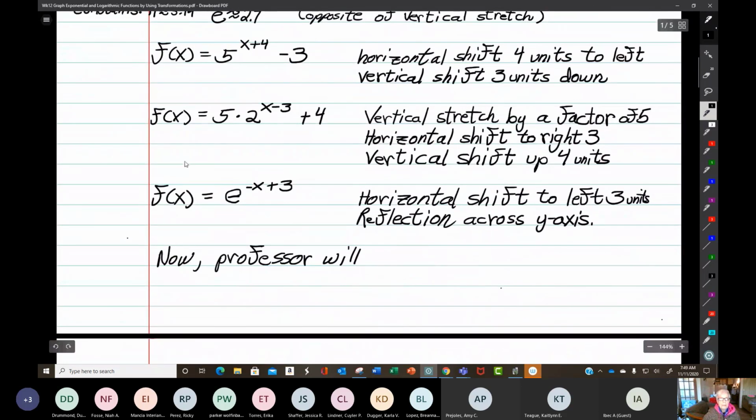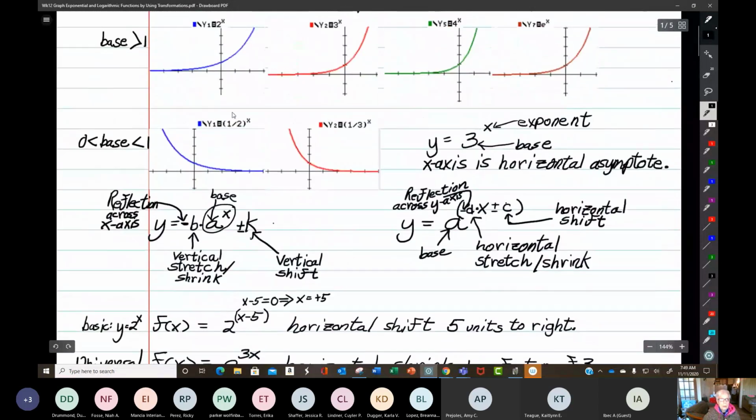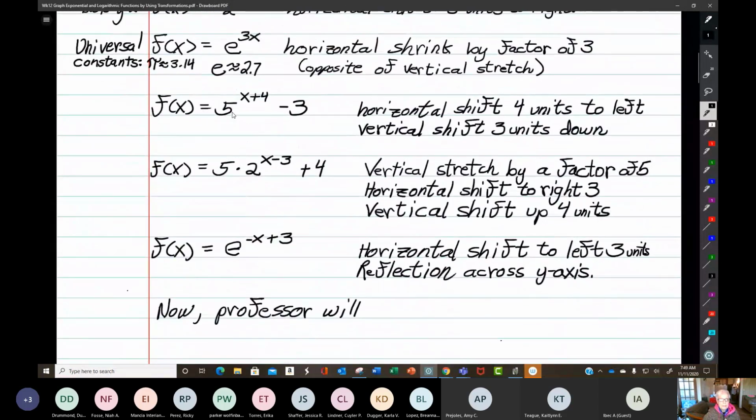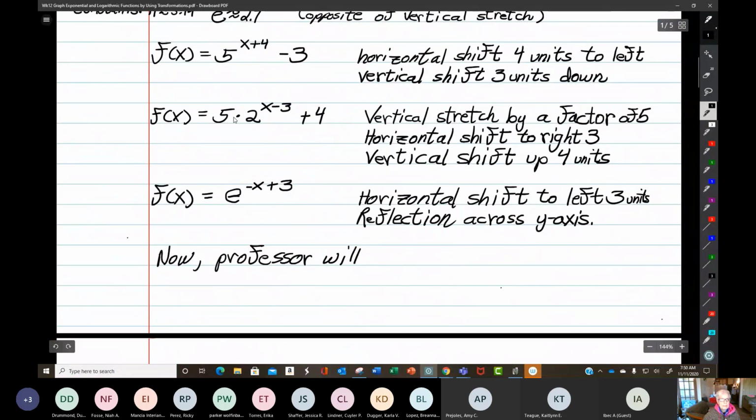Okay, now, where were we? Here we are. So here, notice that the 2 is being raised to the x. Actually, it's x minus 3, but this part tells you what the basic graph is.